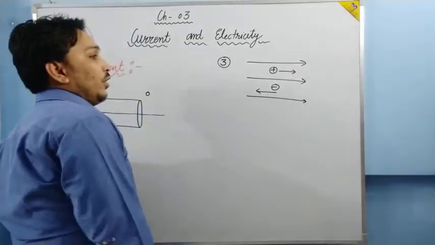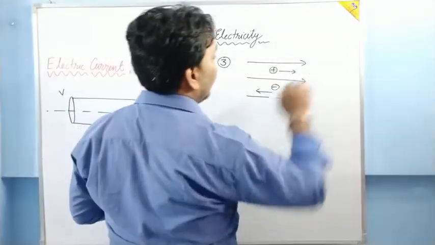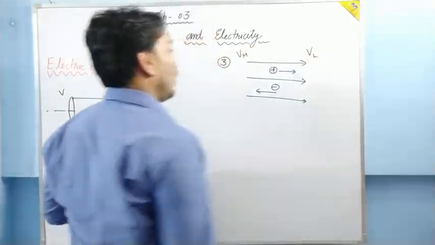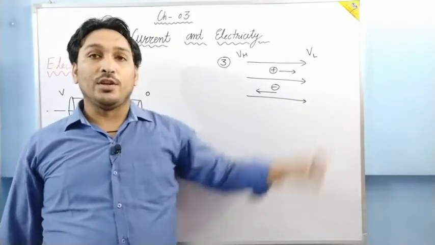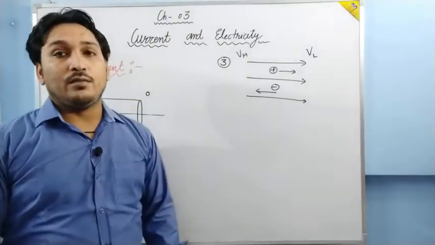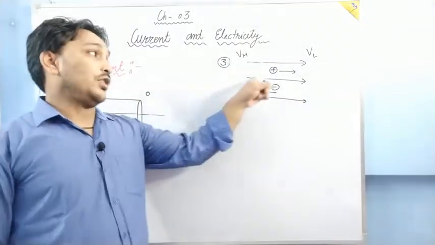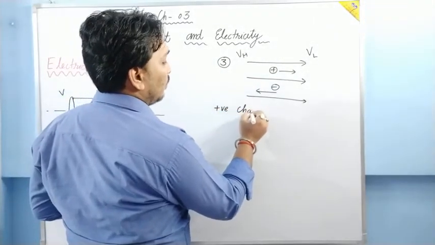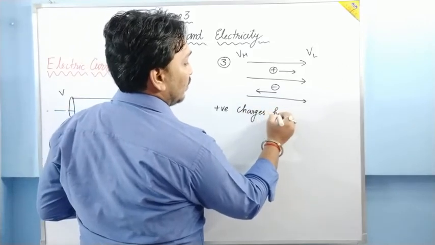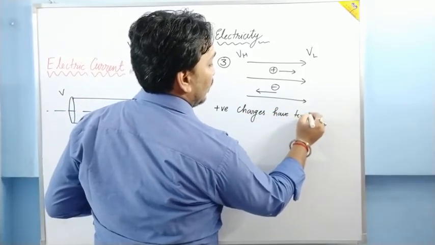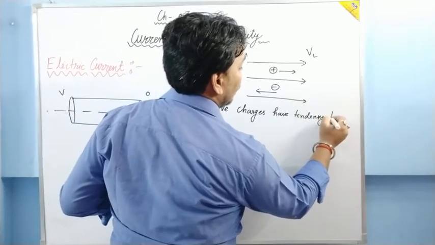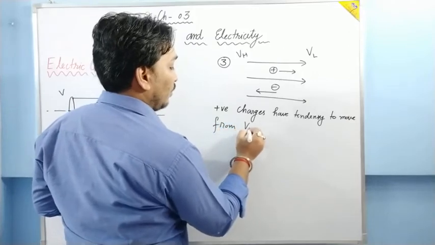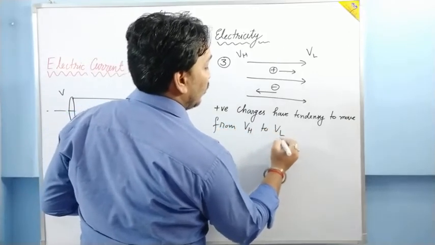If we talk about potential, in the direction of electric field, potential decreases. Simply, it means at this point it is higher potential and here it is lower potential. So from here we say that positive charges have a tendency to move from V higher to V lower.